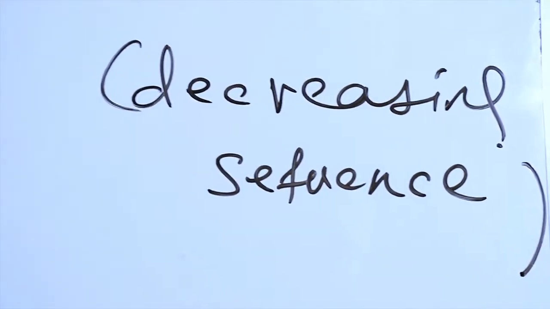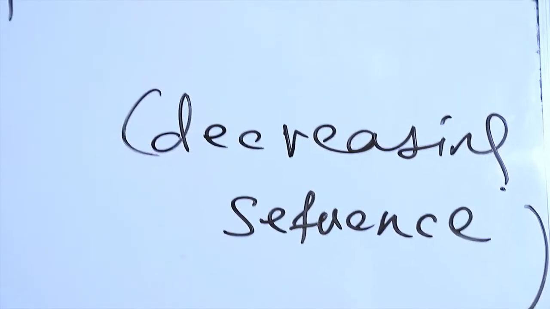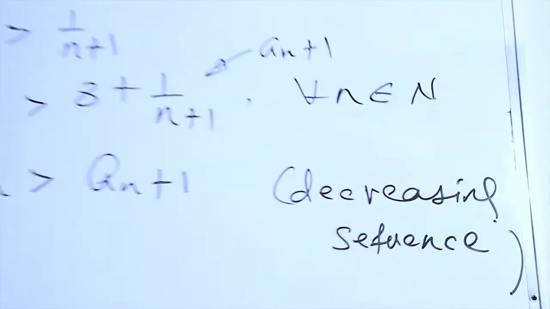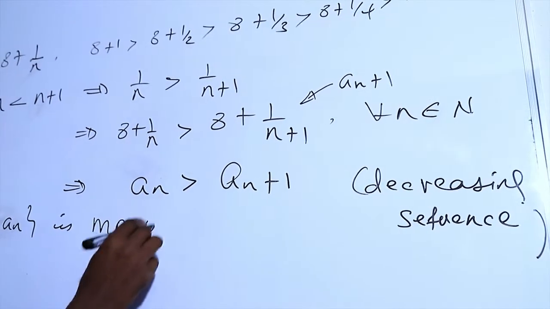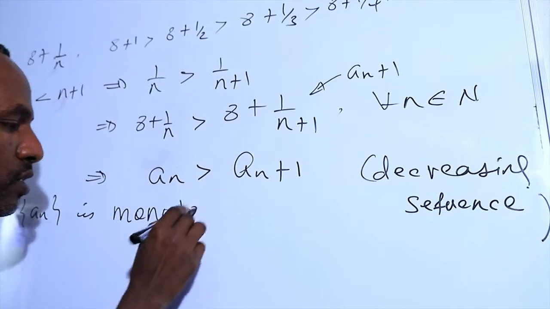Since it is a decreasing sequence, we can conclude that the sequence a_n, which equals 8 plus 1 over n, is a monotonic sequence.